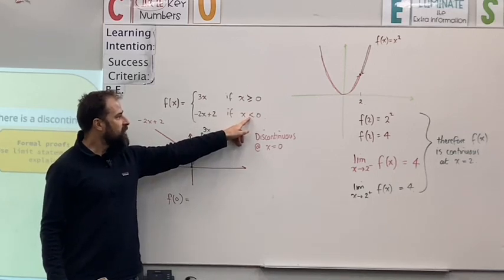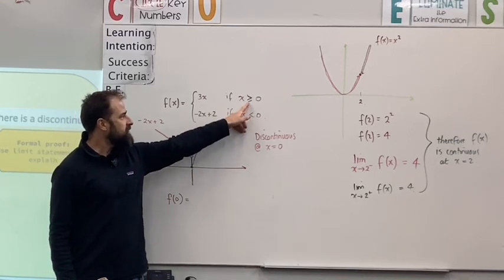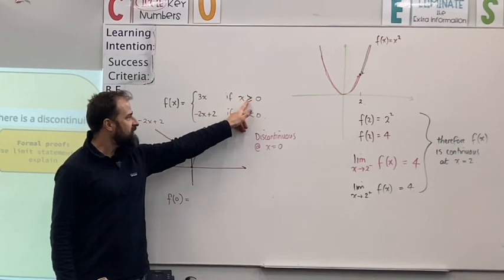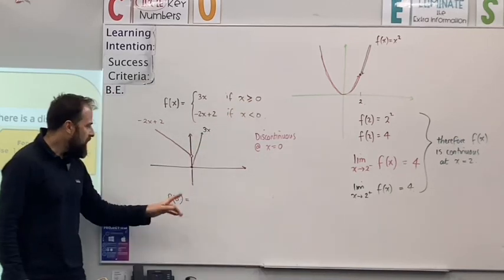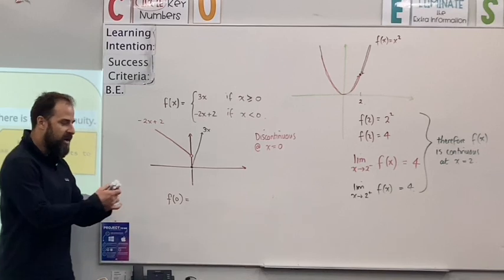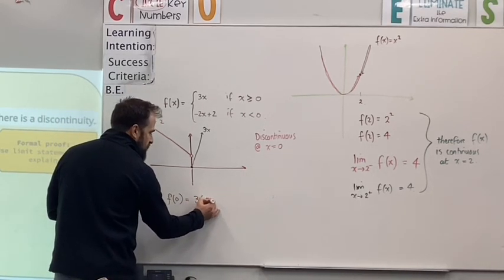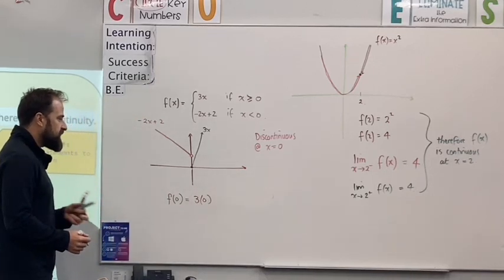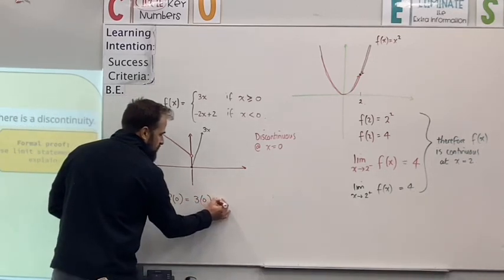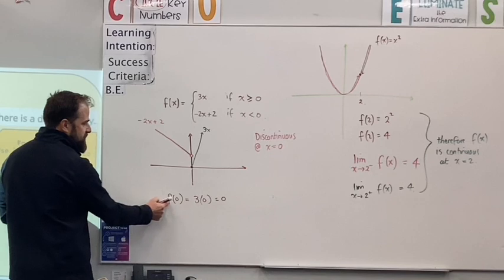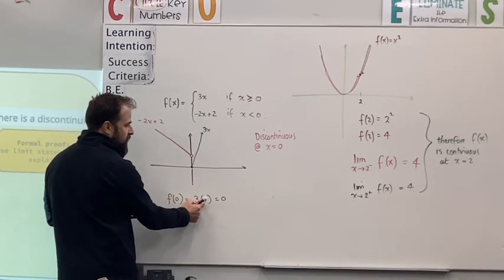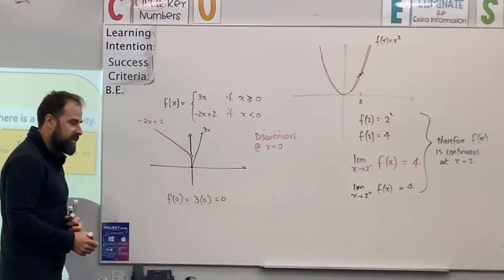The bottom one is only less than 0, not equal to it. The top one is when x is greater than or equal to 0. So if I want to calculate f(0), I have to substitute 0 into the rule 3x. So I get 3 times 0, which equals 0. So f(0) equals 0.